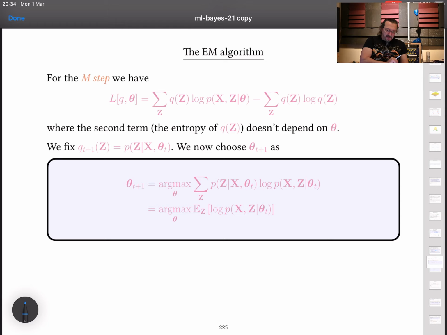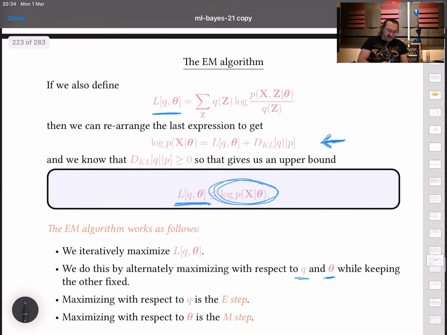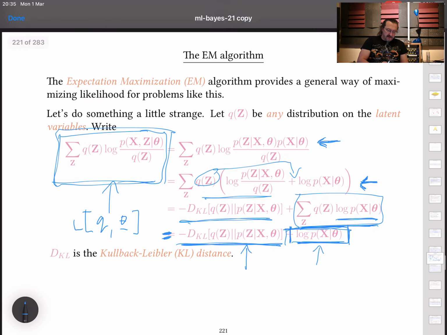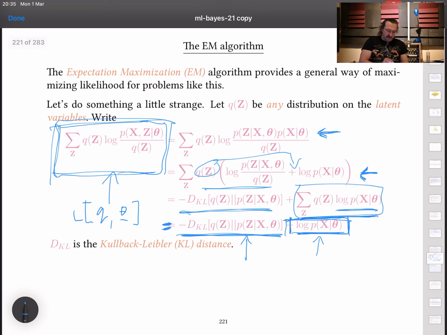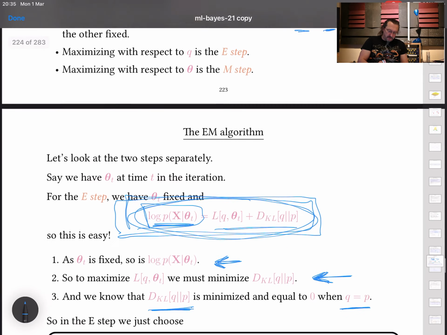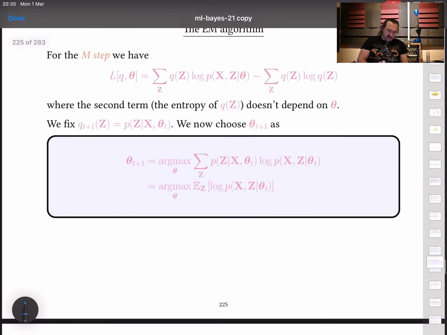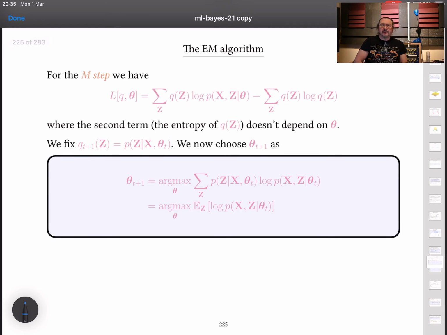All that I've done is use the log to break up the expression and then distribute the sum over z, Q of z over the two components of the sum. And I get the first line on this slide.